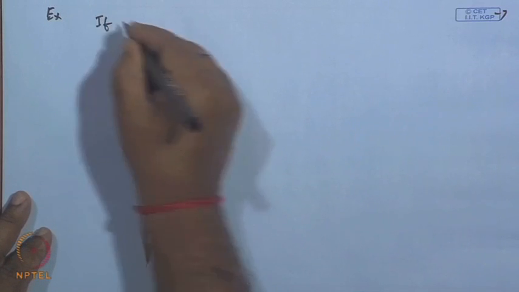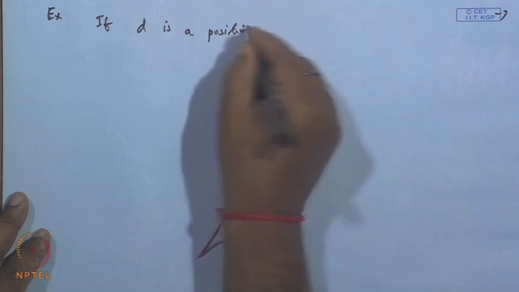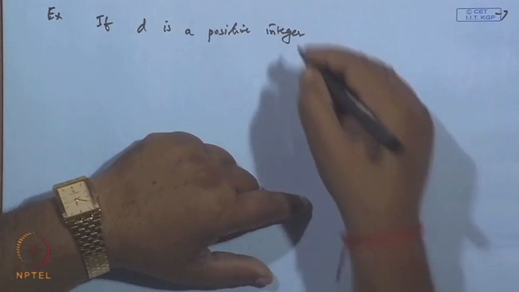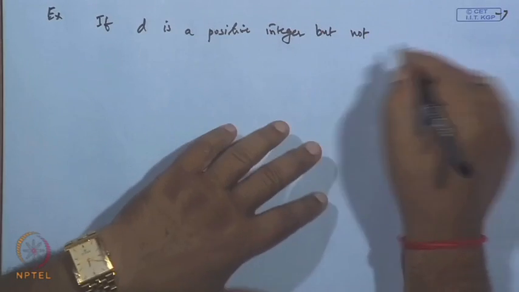If d is a positive integer, but not the square of an integer.